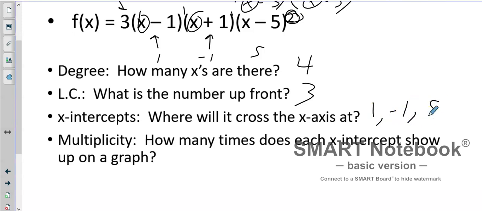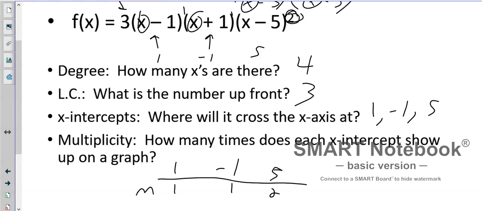But it didn't actually cross. It's going to actually bounce. How many times does each x-intercept show up on the graph? Well, 1, like I said, shows up once. -1 shows up once, and +5 shows up twice. So that's the multiplicity, we call it.